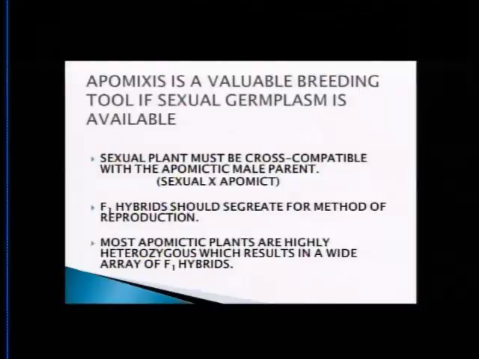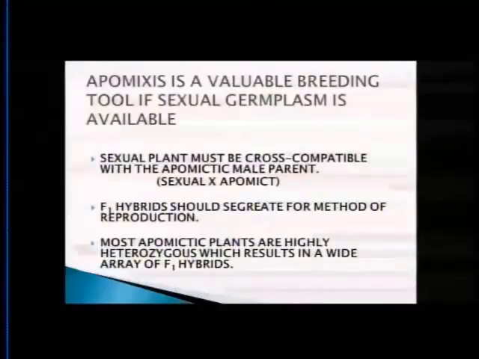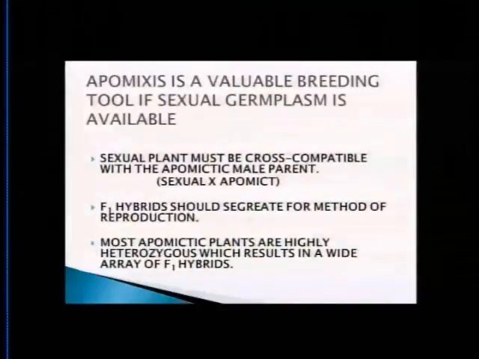So you take your pollen from your apomict, put it on your sexual plant, and you're bringing in genes from your apomict, and you've had genetic recombination, and so you get a release here in the progeny, the F1 hybrids. And for this to work, your F1 hybrids should segregate for method of reproduction and other traits, of course.